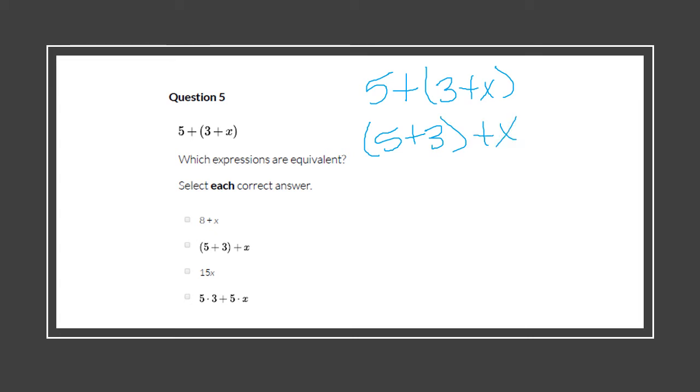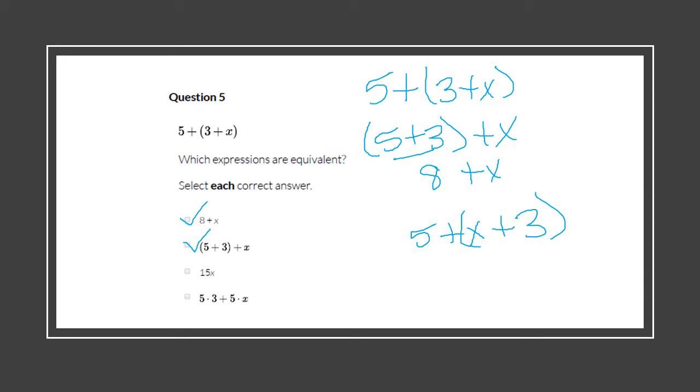We could also go ahead and combine these and get 8 plus x. We could also reorder these if we wanted to and get 5 plus x plus 3. Okay, but that's not a choice.